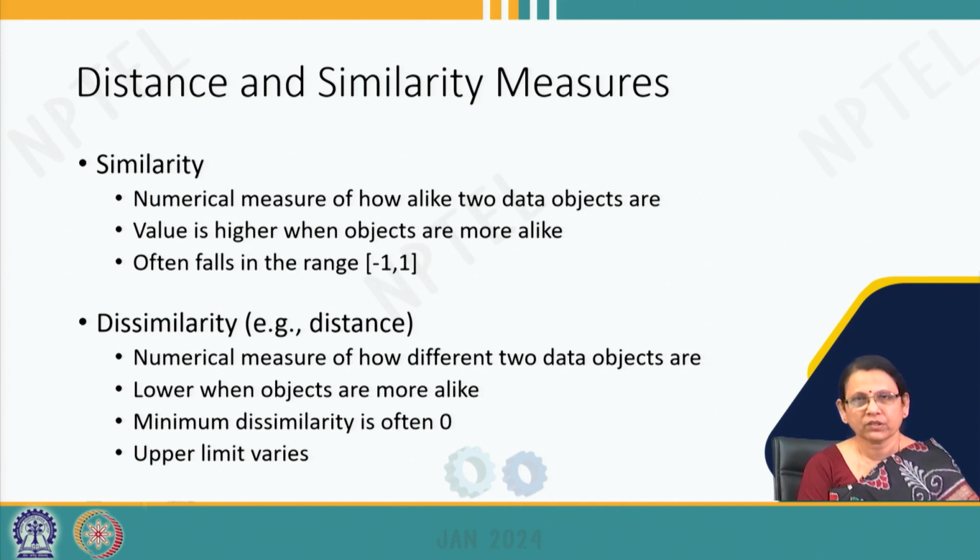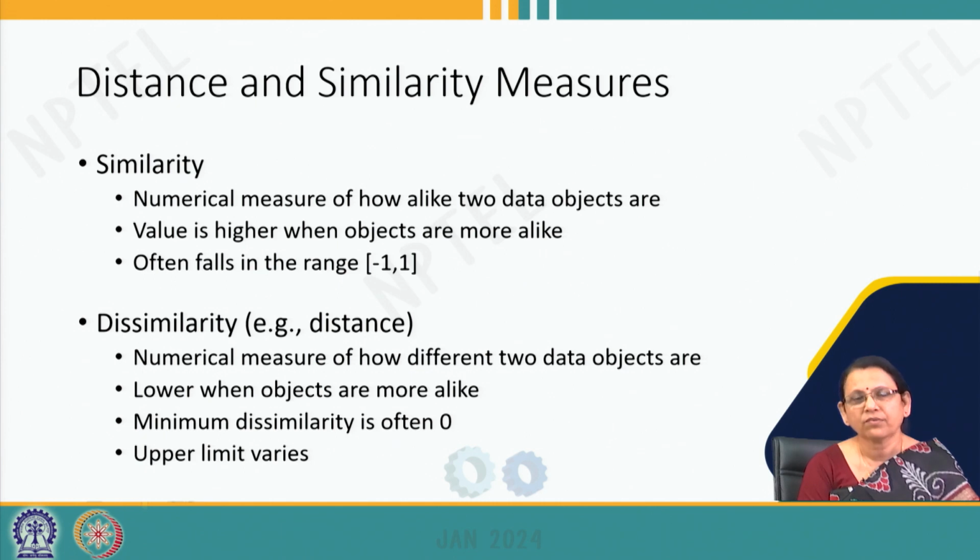Dissimilarity can also be called distance, because the higher the distance, the more dissimilar the objects are, and the lower the distance, the more similar the objects are. Here also you have a set of numerical measures of how different two objects are, and we can relate this dissimilarity, which is distance, to similarity as well.